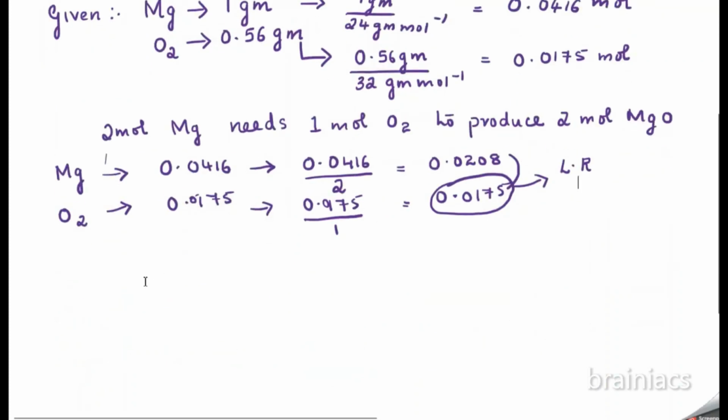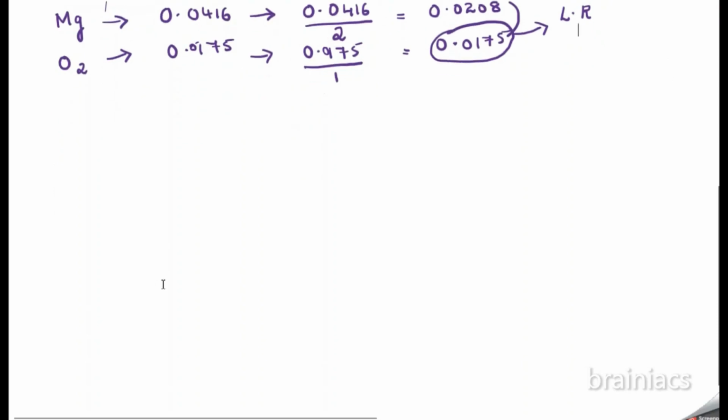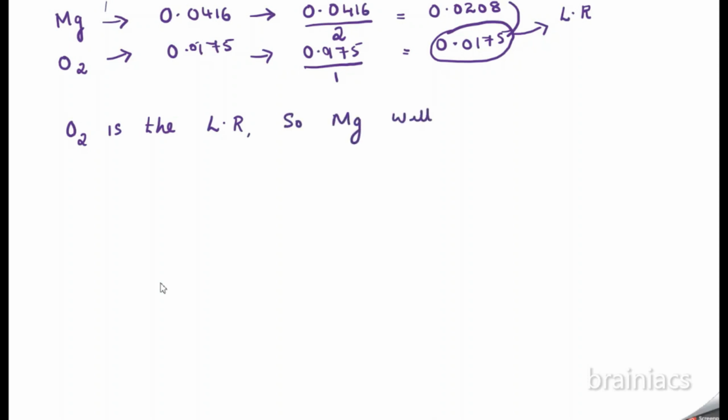Magnesium, correct. So we will write here: oxygen is the limiting reagent, so magnesium will be left in excess. Correct?